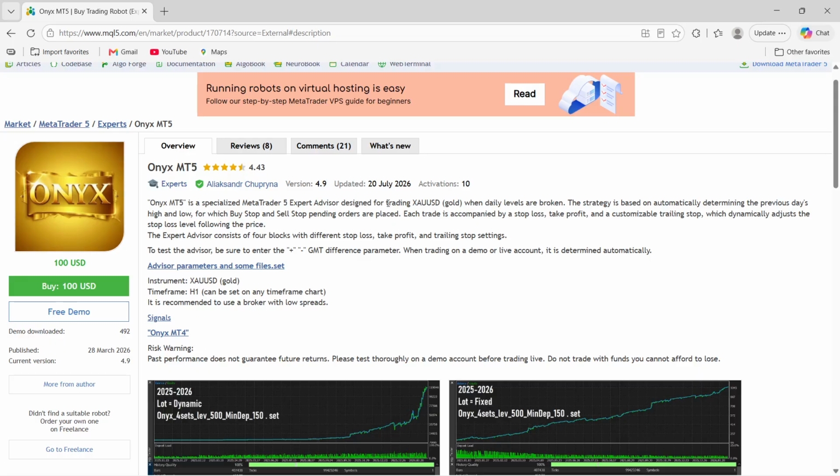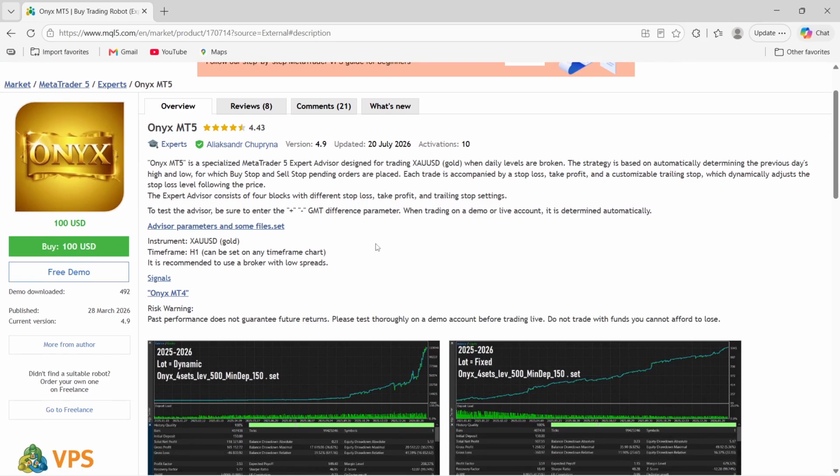So it's designed for trading XAUUSD gold when daily levels are broken. The strategy is based on automatically determining the previous day's high and low, for which buy stop and sell stop pending orders are placed. Each trade comes with a stop loss, take profit, and a customizable trailing stop which dynamically adjusts the stop loss level following the price.